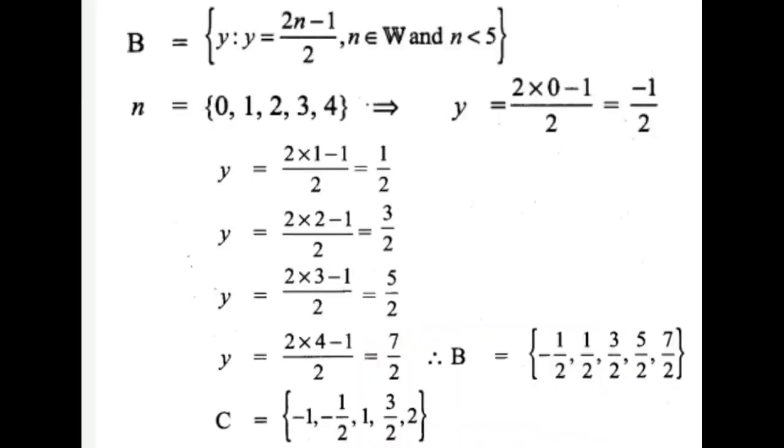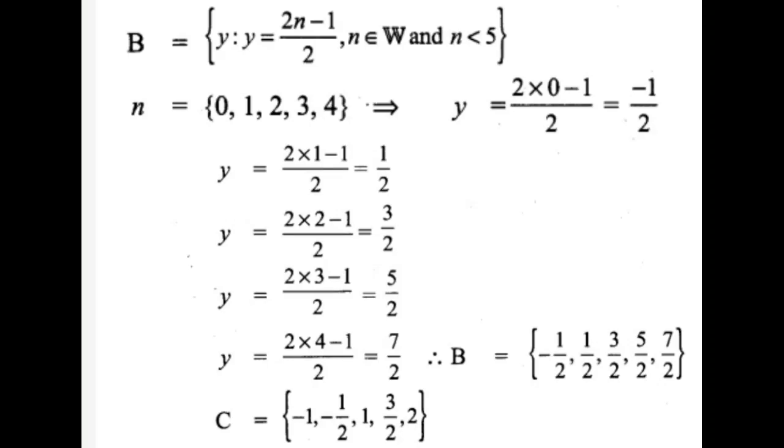Then B is equal to y such that y is equal to (2n minus 1) divided by 2, n belongs to W and n less than 5. Here W means whole numbers. So n is equal to 0, 1, 2, 3, 4. Put n is equal to 0, y is equal to (2 into 0 minus 1) divided by 2.